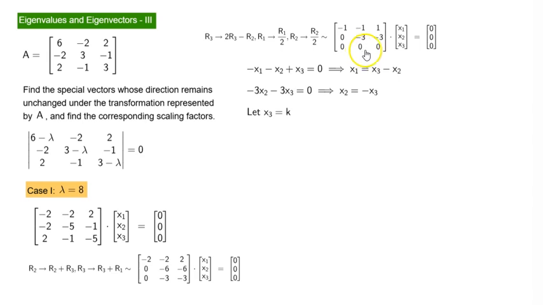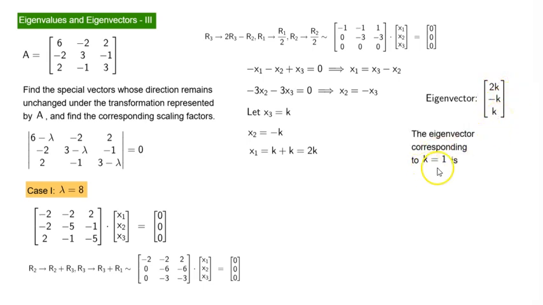Now, since there is one free variable and that is going to be x3, let x3 equal to k, which means x2 will be equal to minus k and x1 will be k minus minus k, that is k plus k, which is 2k. So our eigenvector in general form will be 2k, minus k, k.